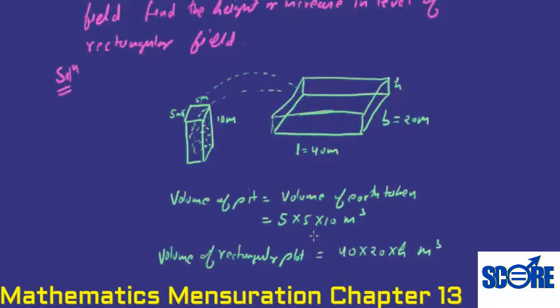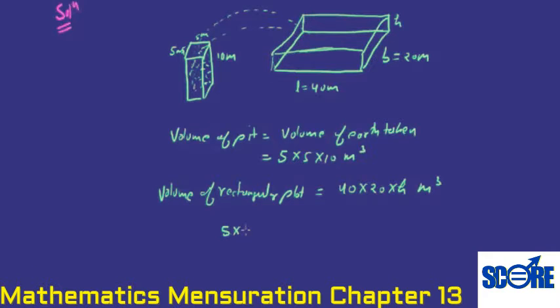These two volumes should be equal, so 5 into 5 into 10 equals 40 into 20 into h. So h equals 5 into 5 into 10 divided by 40 into 20 meter, because all the units are in meter.